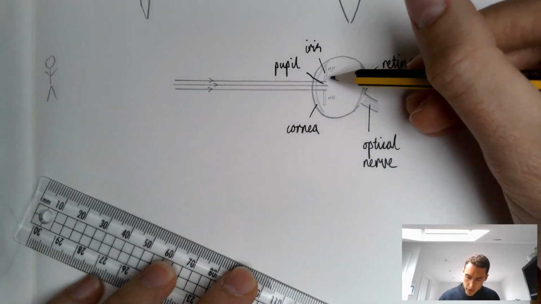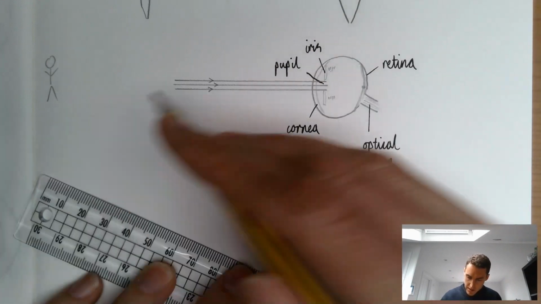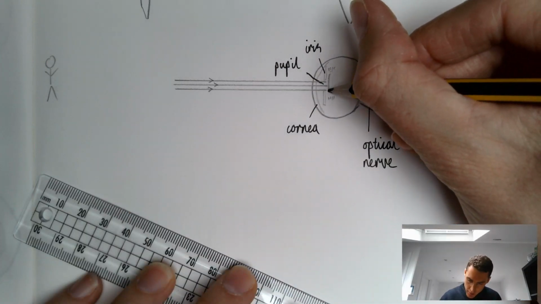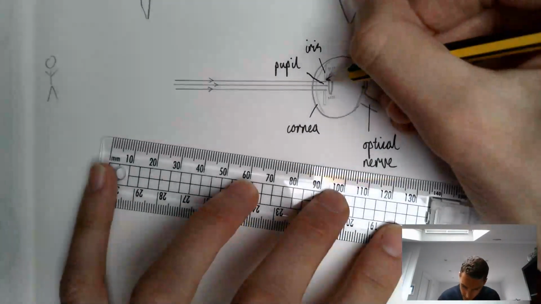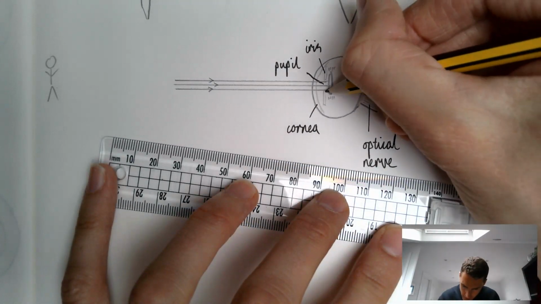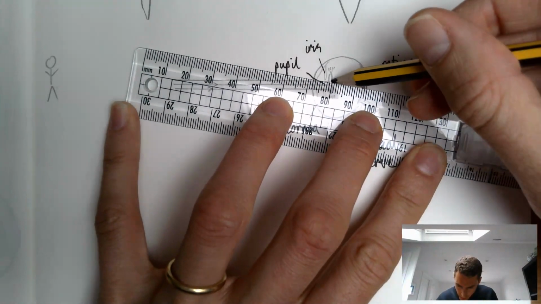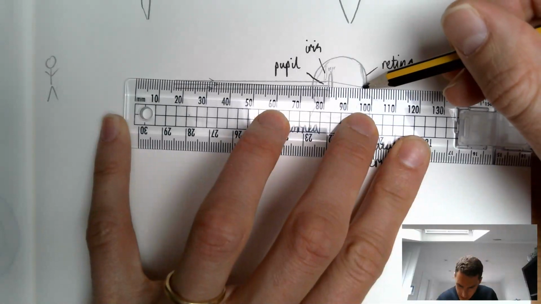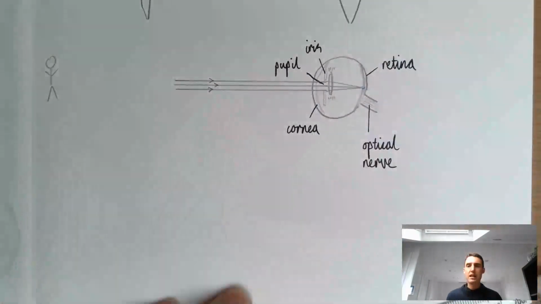So what you can tell students is that when you're viewing a distant object like this, your lens has quite a thin shape like that. And what that does is it means that the focal point where all of those rays of light focus is exactly on the retina. So I can draw something like this, exactly on the retina.